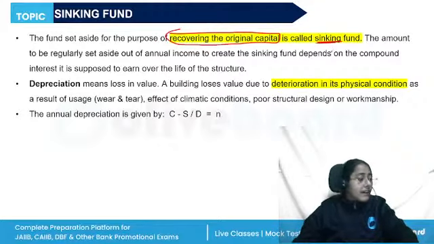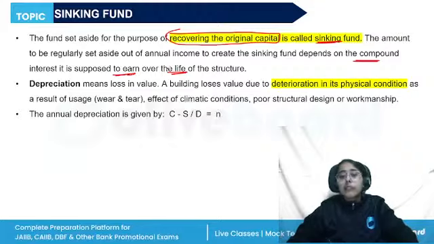The fund that we will require to restructure or rebuild is the sinking fund, right? So the amount to be regularly set aside out of the annual income to create the sinking fund is going to depend upon the compound interest it is supposed to earn over the life of the structure.